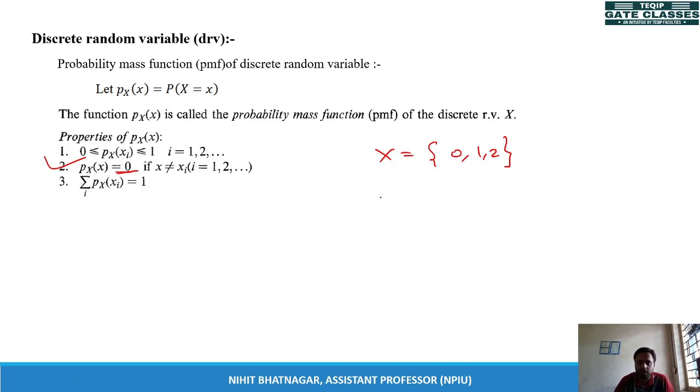For example, the probability of random value 3, which is not part of random variable x, is 0. And the summation of the probabilities of all random values is equal to 1.